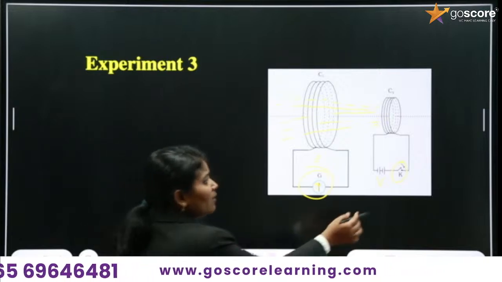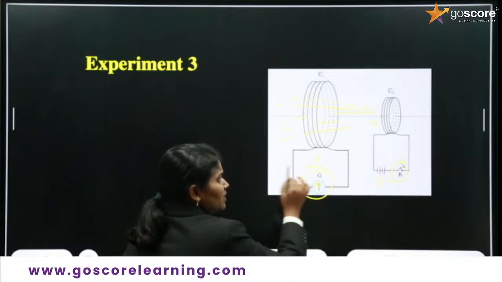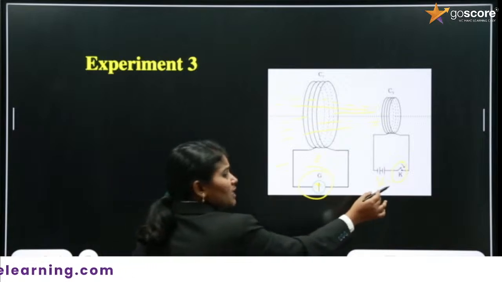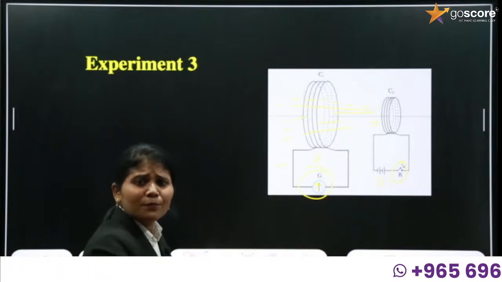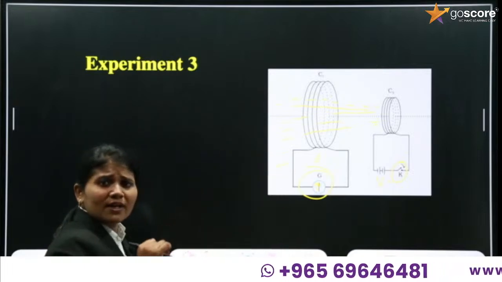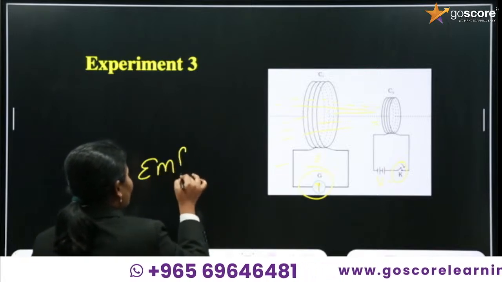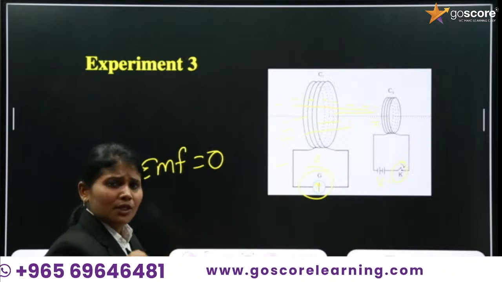It means here flux is not changing, so EMF is not induced. The switch position is in rest or stationary position. Flux is not changing here, so EMF is equal to 0.